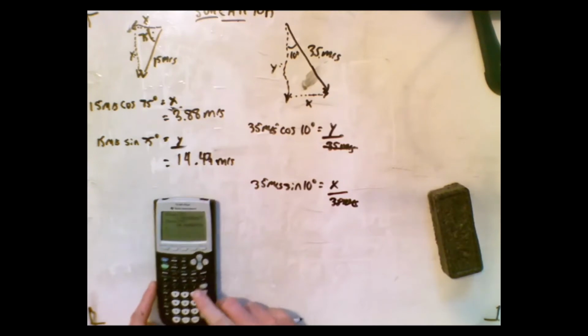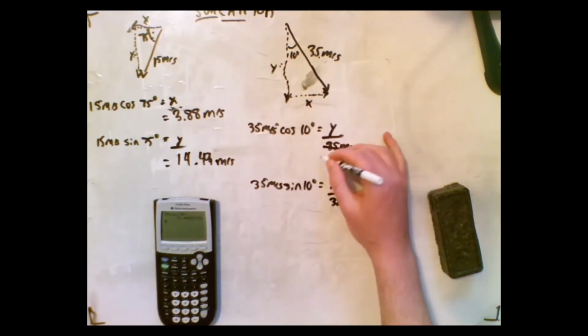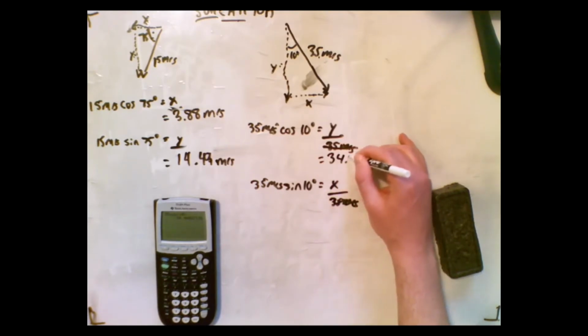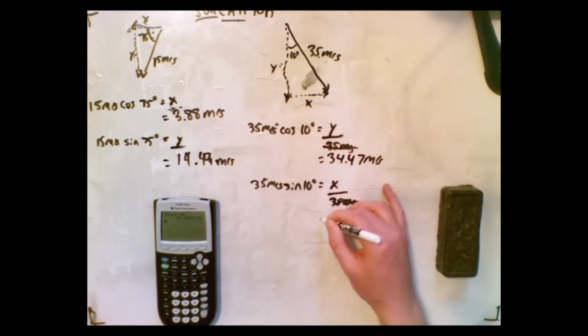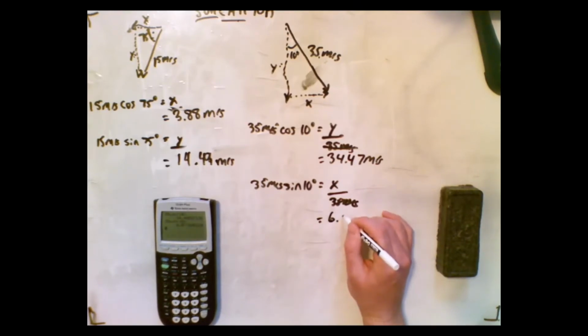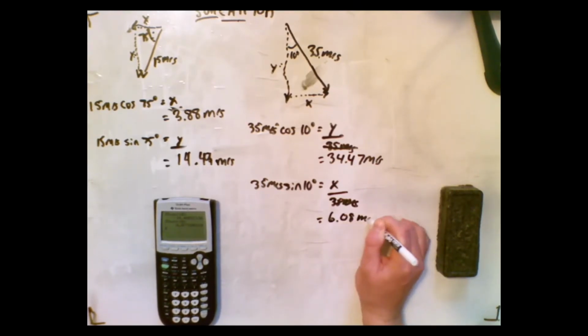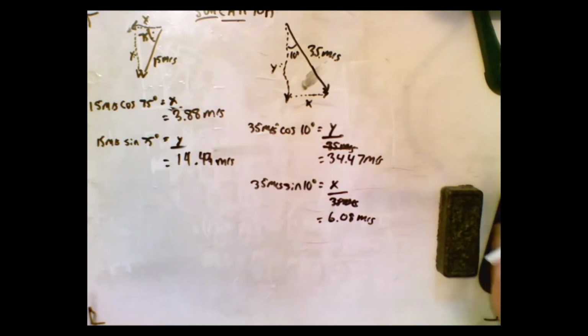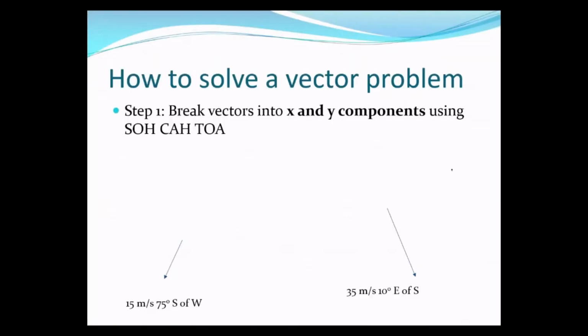So now I'm ready to type that in. 35 cos 10 gives me 34.47, and then 35 sine of 10 gives me 6.08 meters per second. So I broke it all into X and Y components, and that is our very first step. So our next step in doing this is to add positive and negative signs.